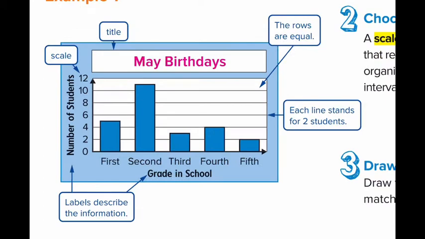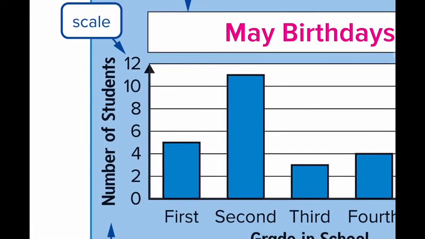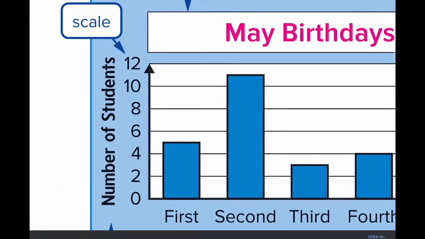The second thing in our graph is the other labels, the labels that represent the information, like grade in school and number of students. So here the scale on the left shows the number of students. The scale is from 0 to 12.